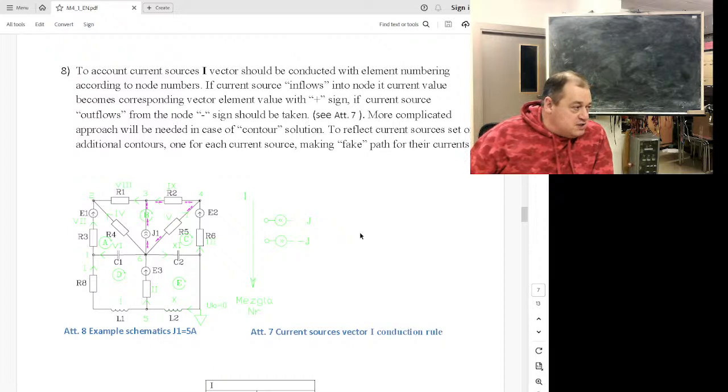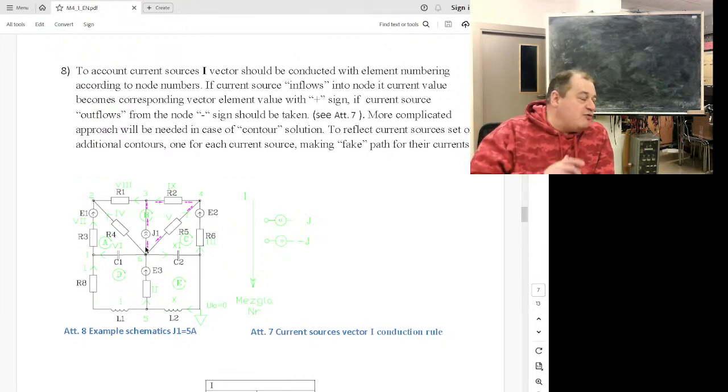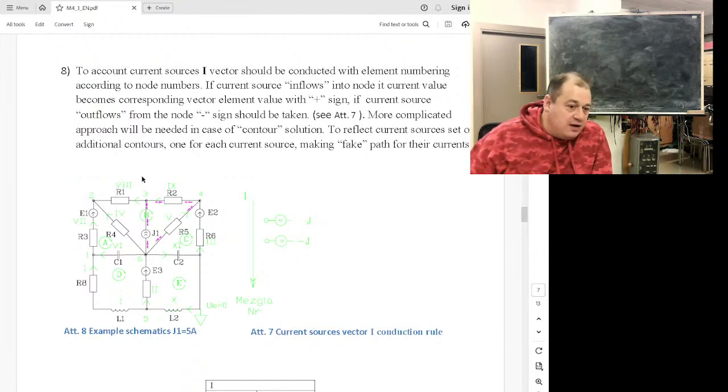an additional contour, or this imaginary contour, if we are willing to use the contour current technique. This means that for each current source we need to define an additional contour. I'm assuming that the current of the source goes only here.